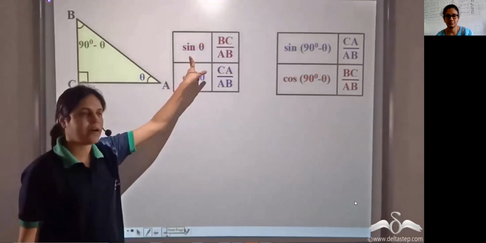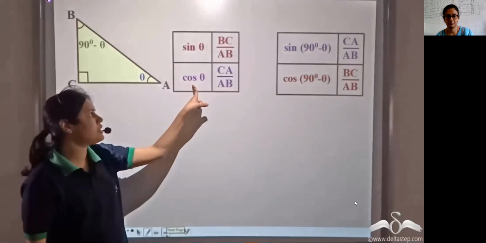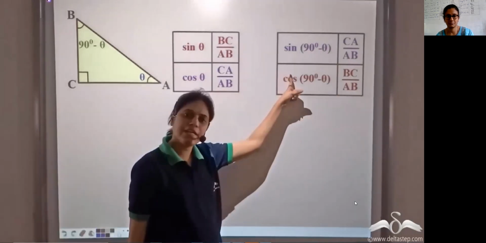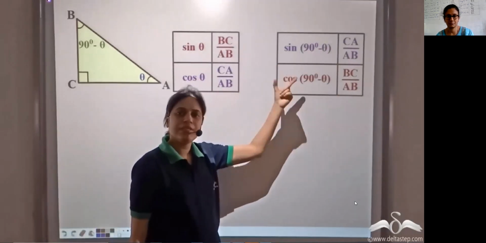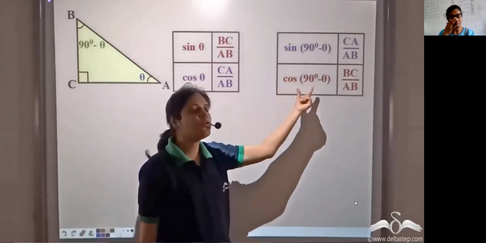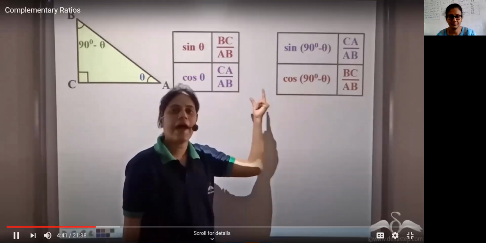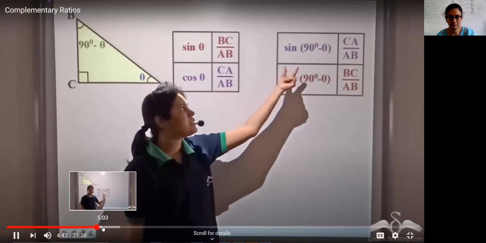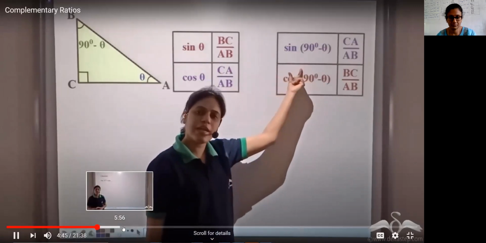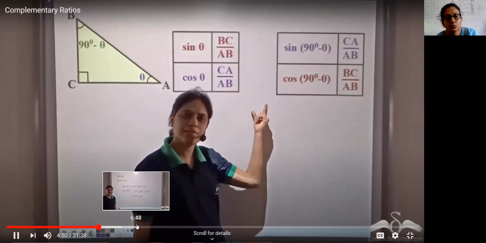So sine theta is cos of 90 degree minus theta, and cos theta is sine of 90 degree minus theta. That is, sine of an angle is equal to cosine of the complementary angle, and cos of an angle is sine of the complementary angle, because theta and 90 minus theta are complementary angles.